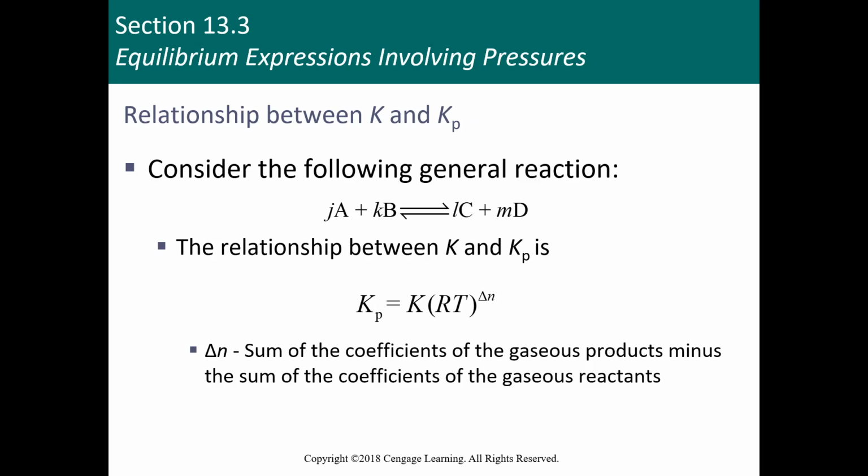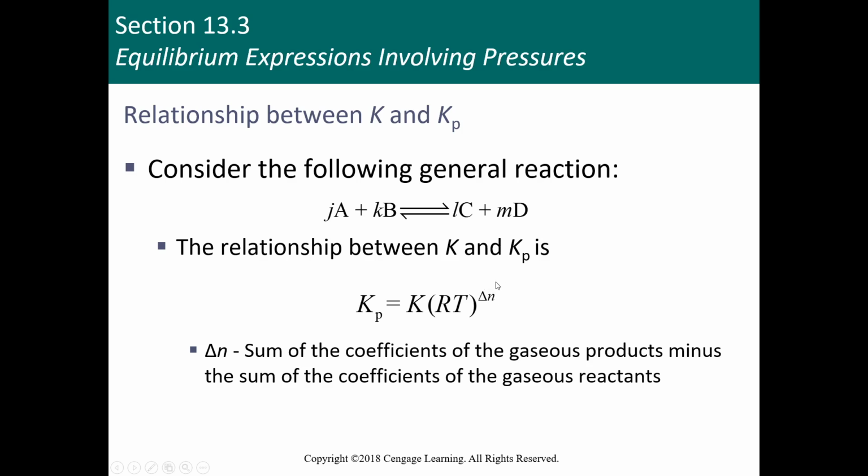So consider the following general reaction here. The relationship between a K and a Kp, another way of saying this is a Kc and a Kp, is this relationship right here. So Kp equals the Kc times R, the gas law constant, times T in Kelvin, temperature, to the change in moles.